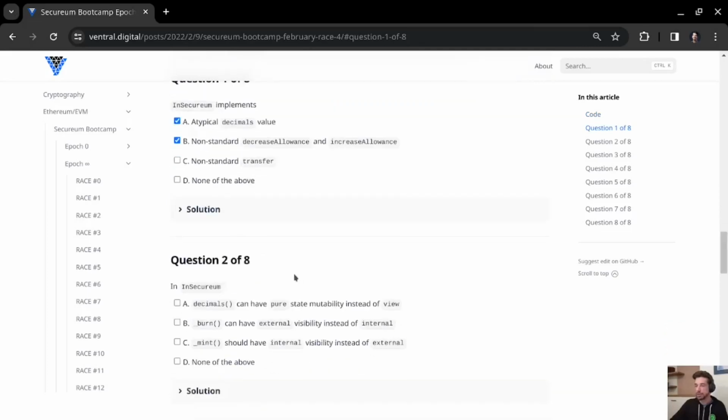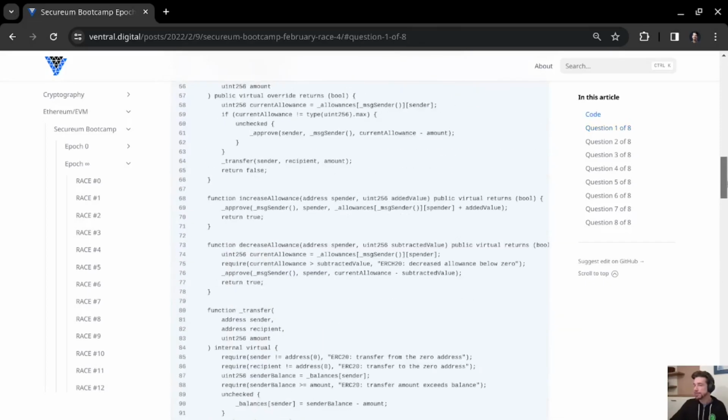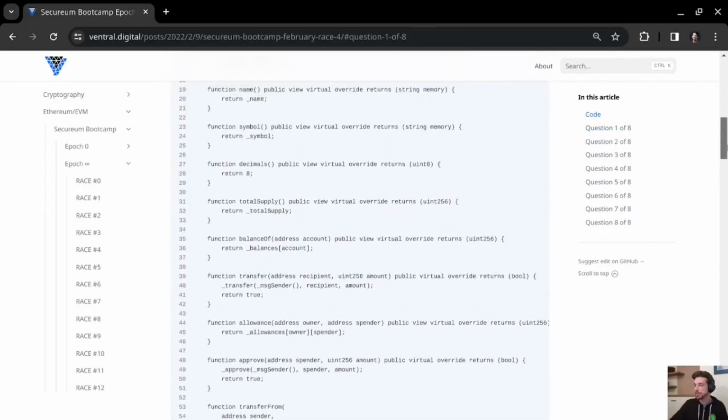Let's take a look at question 2 as well. In the in-Secureum contract, the decimals function can have pure state mutability instead of view. So we had already looked at the decimals function before. Here it is. It is currently public view virtual override. And the important part is that it is a view, and view means that it is allowed to access contract state, or rather the state of the chain.